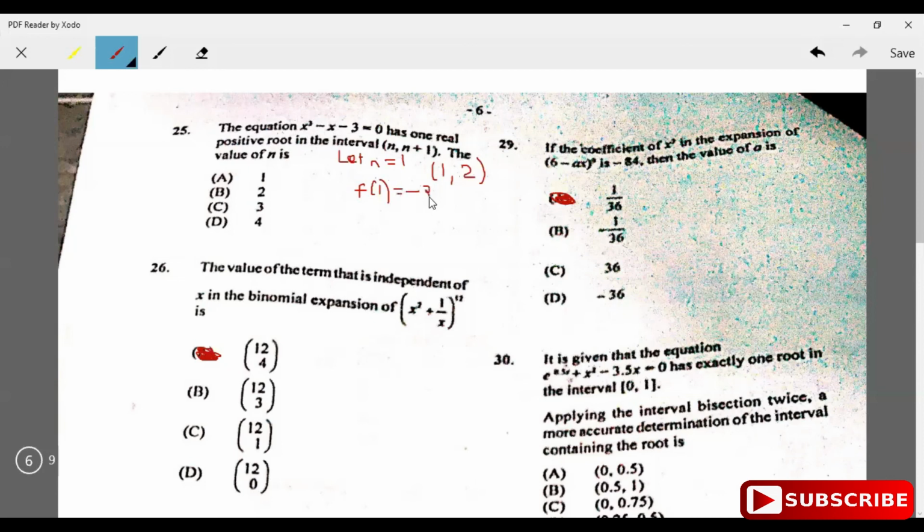If f of 2 is greater than 0, then the root lies on that interval. Now f of 2 is going to be 2 cubed, which is 8, minus 2, which is 6. 6 minus 3 is 3. And so it's option A.